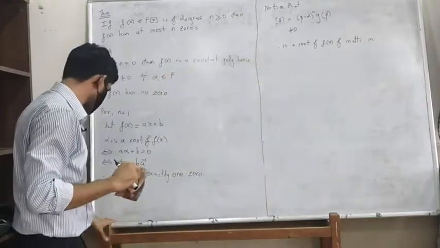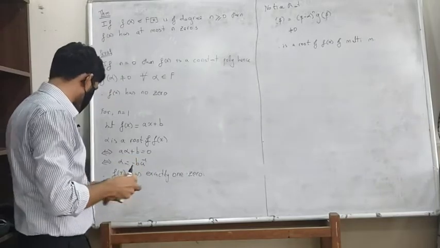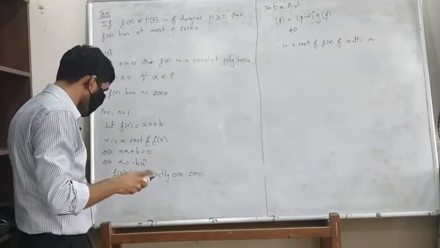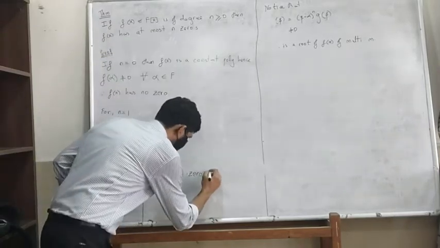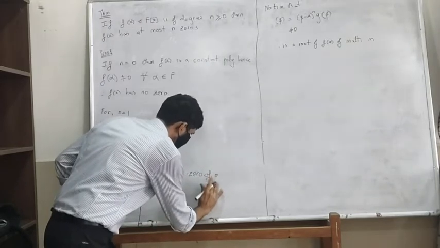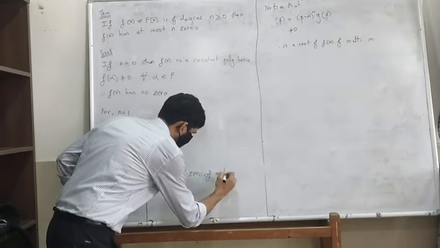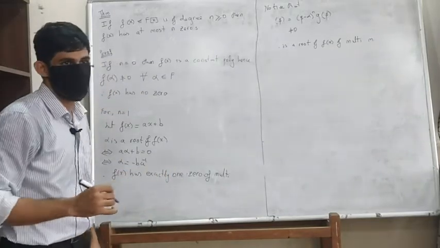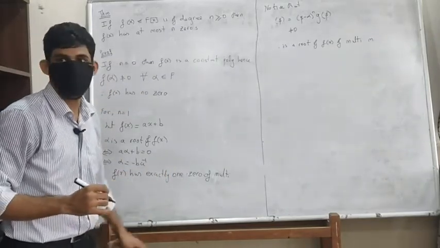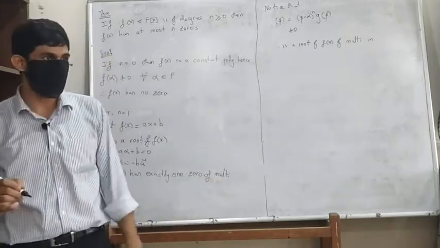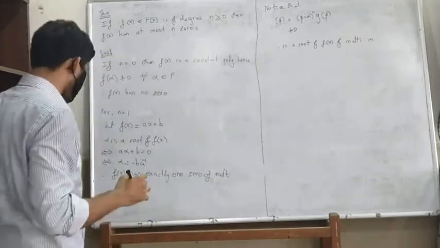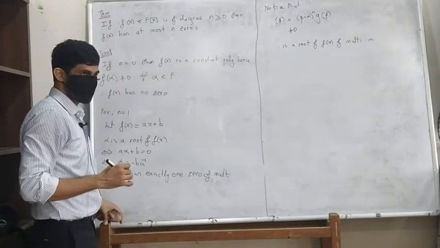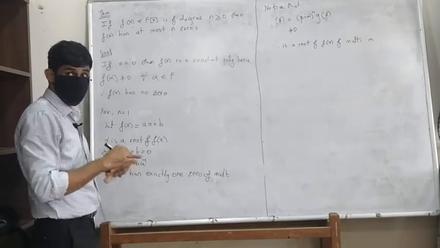So f of x has exactly one zero, and its multiplicity is also 1. How do I know that the multiplicity of this is 1? Can anyone tell me?